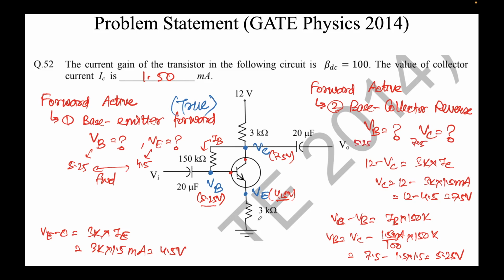You can clearly see that the P terminal of this junction is at a lower potential, 5.25, as compared to the N terminal, which is 7.5. This implies that the base collector junction is indeed reverse biased. This assumption is also true. So both our assumptions are true, hence the analysis that we did was correct, and our answer is indeed 1.5 milliamps.